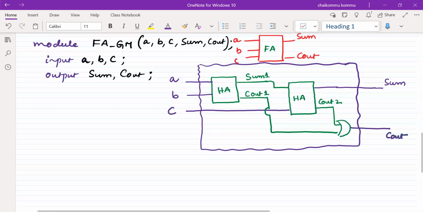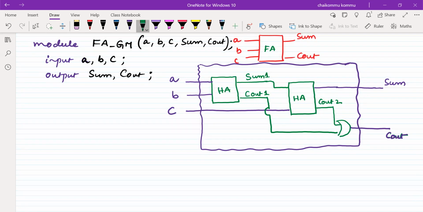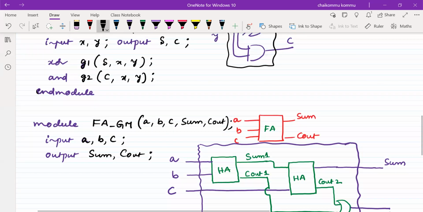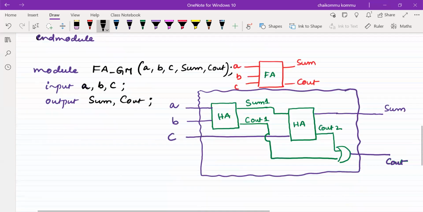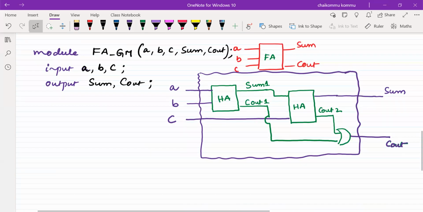I hope it's clear. Now I need to call half adder, right? So what is the name that I have given the half adder? Previously, what is the name that I have given? HA underscore GM. I need to call HA underscore GM, the same name that I have to use. So the name of the module is, for example, M1, component is M1.